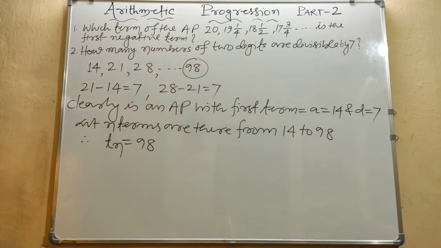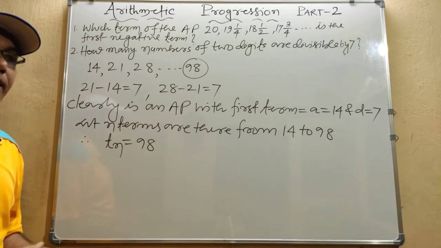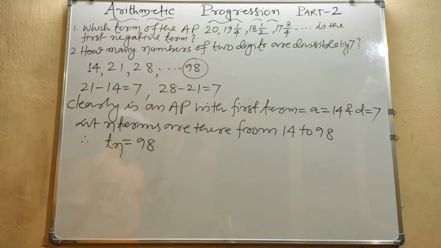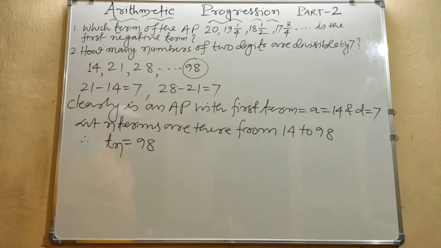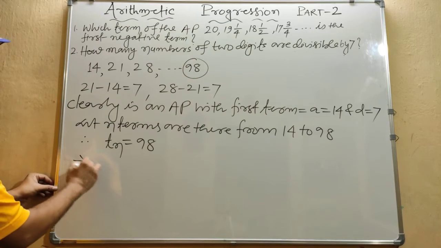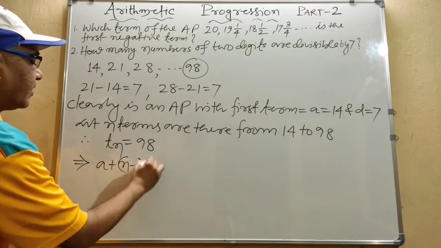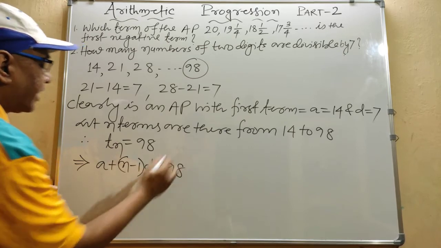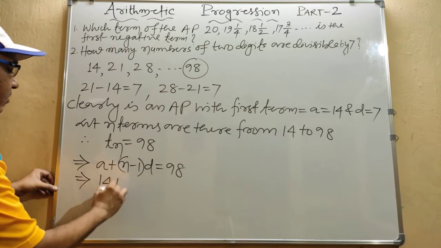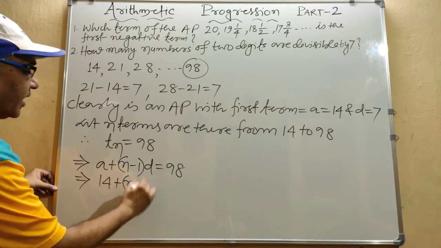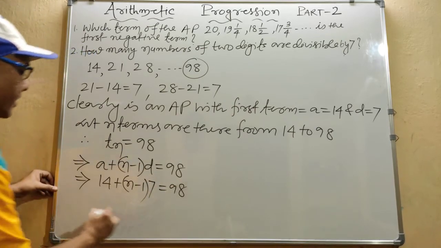अगर 10 टर्म है तो लास्ट वाला क्या होगा? 10th टर्म. 20 नंबर्स है तो लास्ट वाला होगा 20th टर्म. If n numbers are there, the last will be the nth term. And we know the nth term can be written as a plus n minus 1 into d is equal to 98. What is a? First term 14, plus n minus 1 into d, common difference 7, equal to 98.